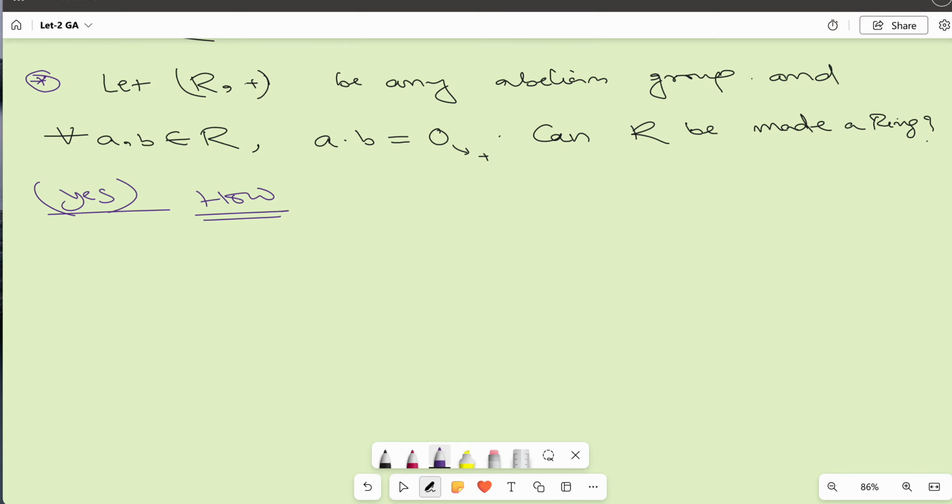So first, is it satisfying the first property? R plus is an abelian group. This is satisfying, right? What is the second property?